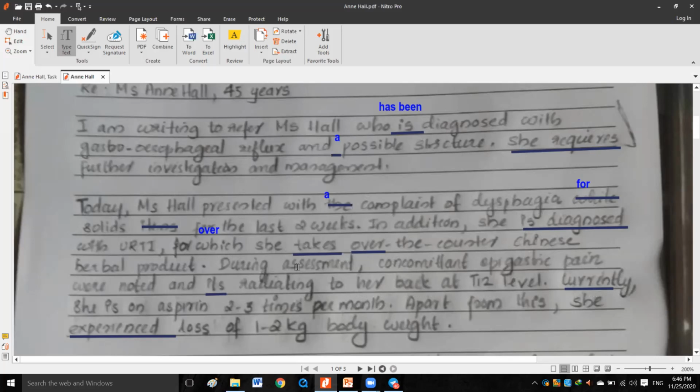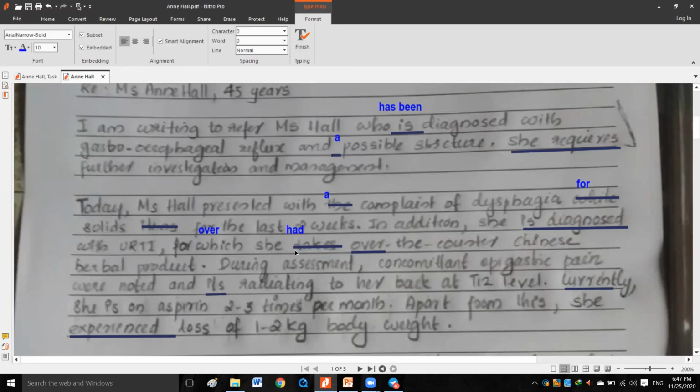So for which she had an over-the-counter Chinese herbal product, or an over-the-counter product. So you can turn takes to had or took, and also because this is the first time you mention this product, an over-the-counter product.